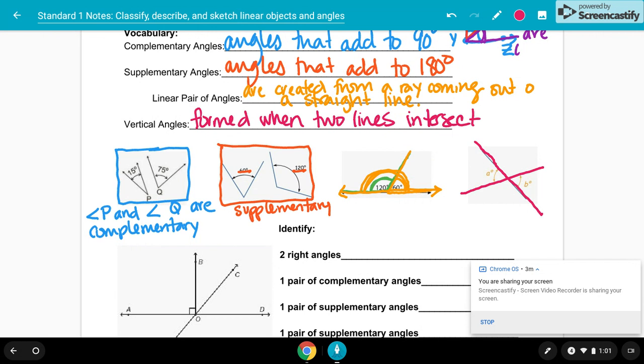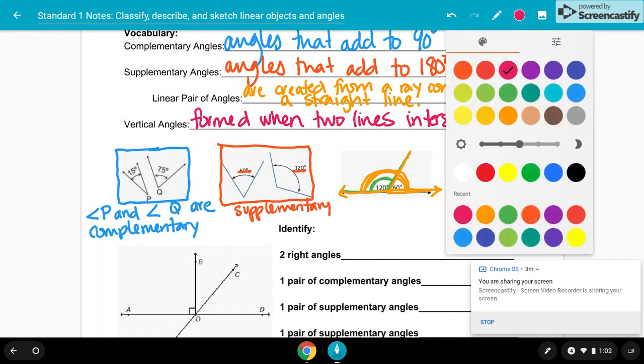They intersected. A and B are vertical angles. Now, the cool thing about vertical angles is that they're equal to each other. So angle A is equal to angle B. The degrees would be the same.